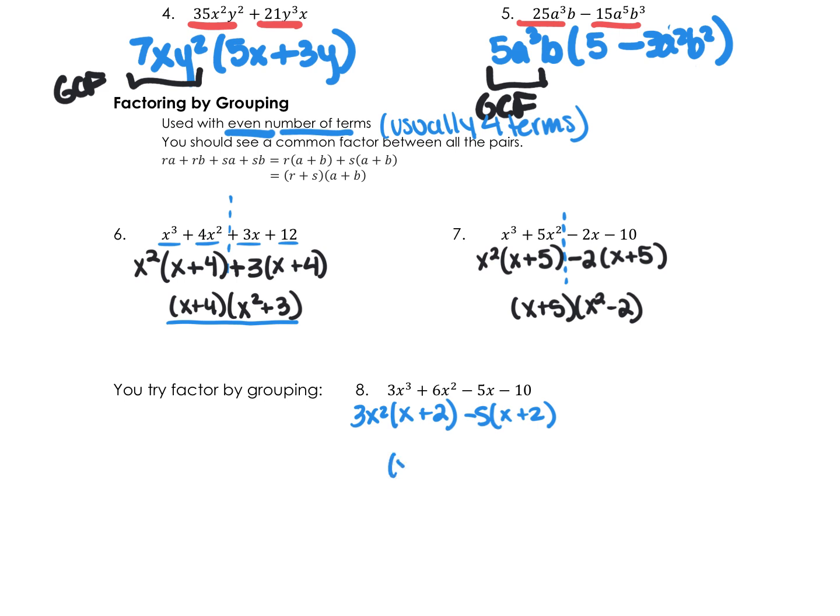So that's going to be our common factor that we pull out in front, our GCF. And then you look at what's left. On this side, when I pull out x plus 2, I'm left with 3x squared. On this side, when I pull out x plus 2, I'm left with -5. And so then I am done factoring this one. There are times where you might be able to keep going, but we'll talk about situations like that in the future.